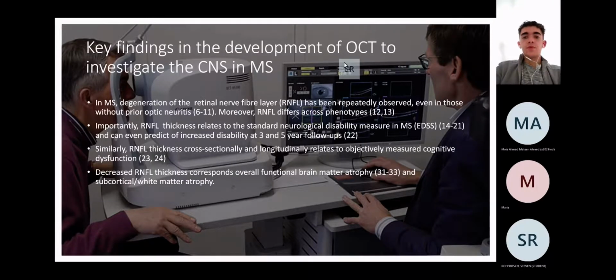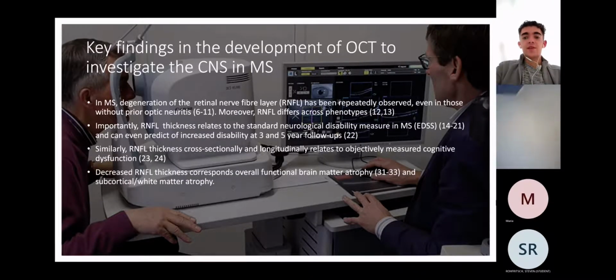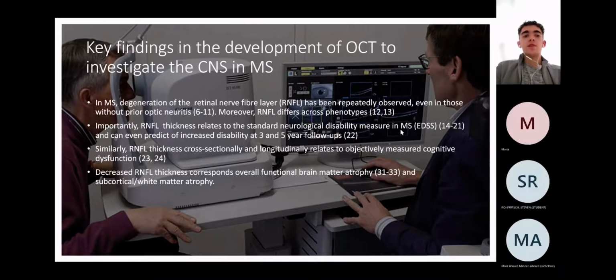Okay. So importantly, there's been a number of key findings along the way in the development of OCT as a tool to investigate the central nervous system in MS, right? So importantly, the retinal neurofiber layer has been repeatedly observed in people with MS to have degeneration, right?